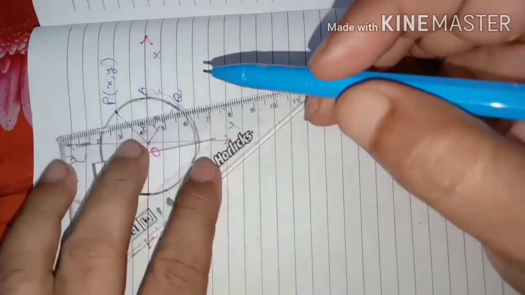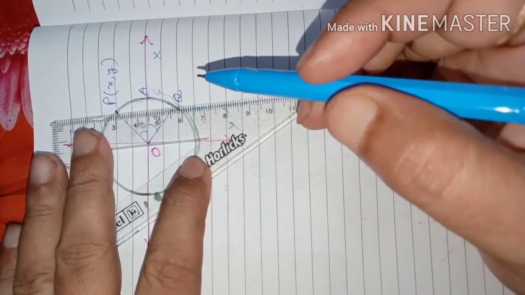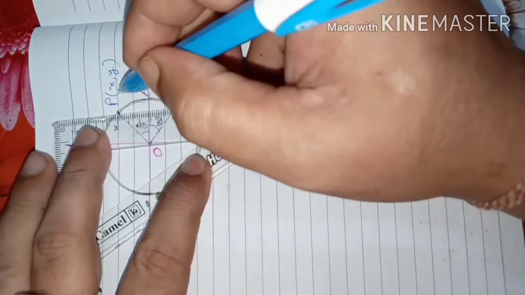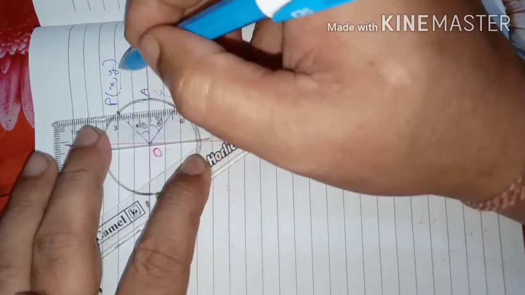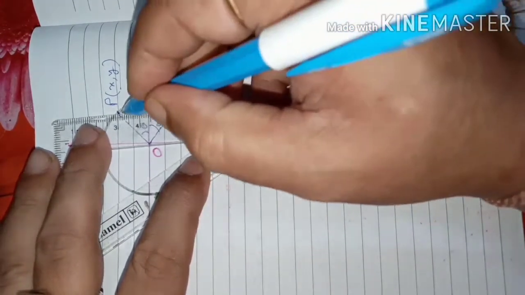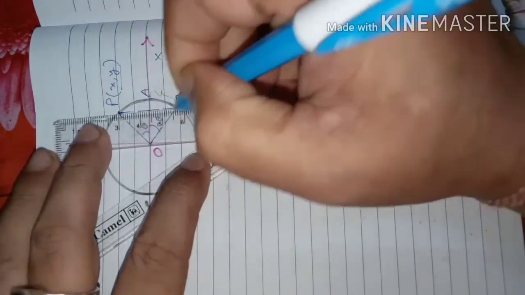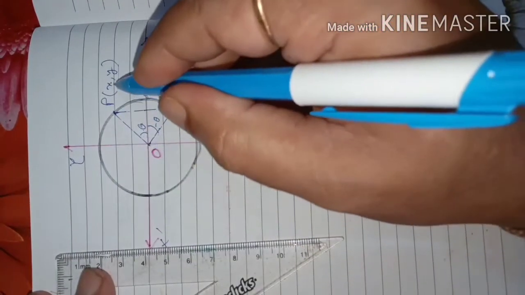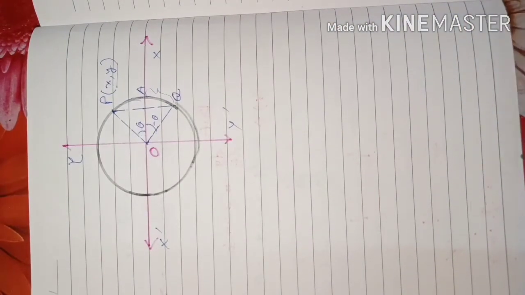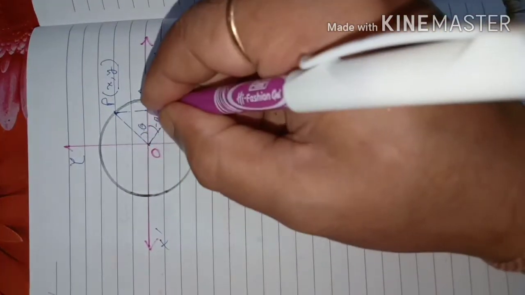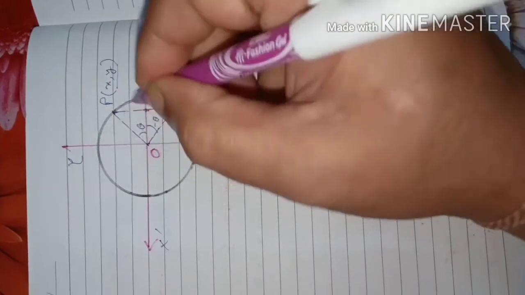Okay, dear students. So now I have said that the coordinate of this point P is x comma y. Then what will the coordinate of this point Q be? You know that if we write x comma y here, we mean that from here to here it is x unit, and from this point to this point it is y unit.